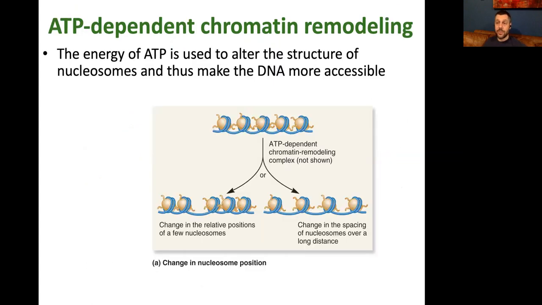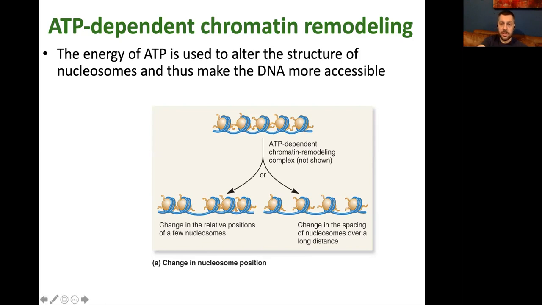This is a process called ATP-dependent chromatin remodeling. It's called that because it's an energy-dependent process. So ATP is required to basically make DNA more accessible so genes can be transcribed.